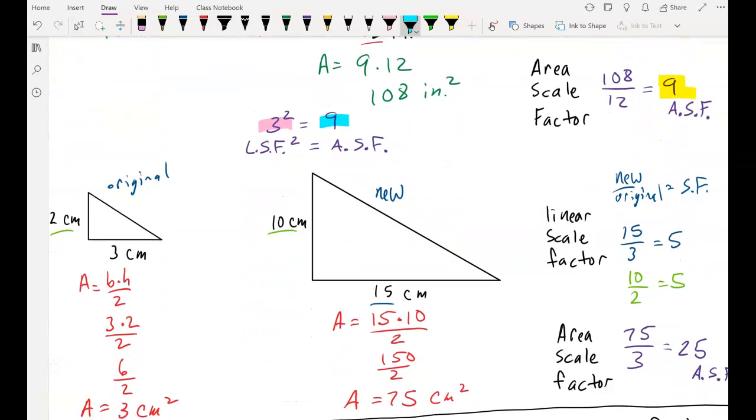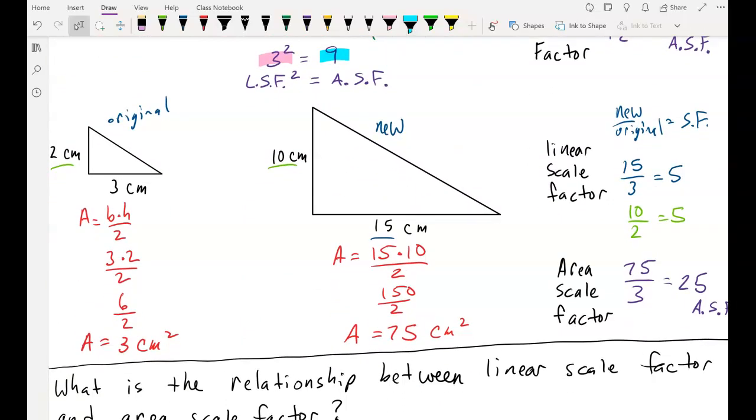Is it the same with the triangle? Let's find out. The linear scale factor of the triangle was 5. The area scale factor was 25. 5 squared equals 25. 5 times 5 is 25.